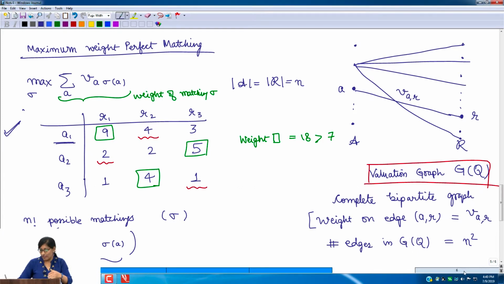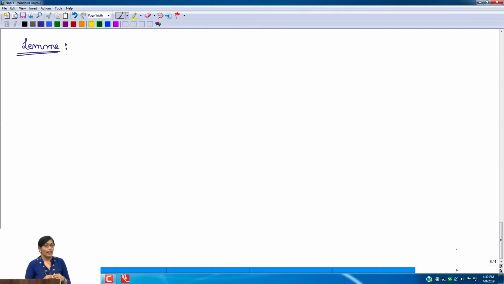This is a very strong result. Take any envy-free allocation, sigma star, p star. This allocation sigma star must be a maximum weight perfect matching in the corresponding valuation graph of the given rent division instance.